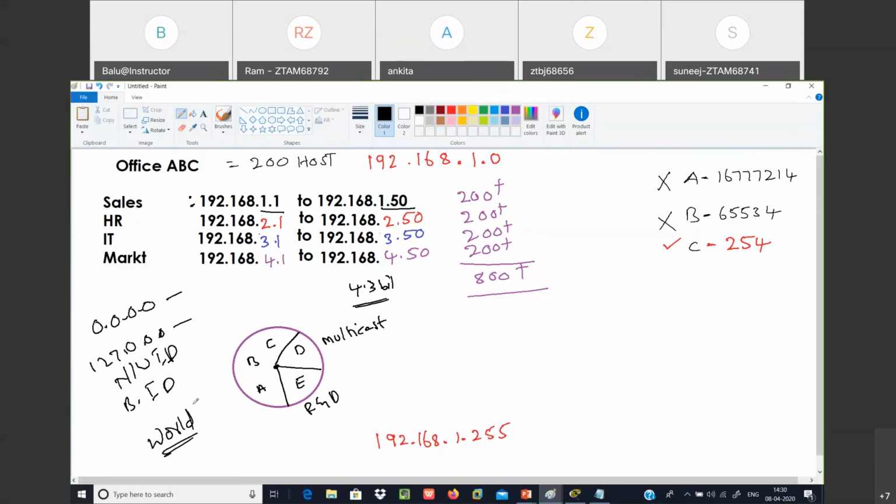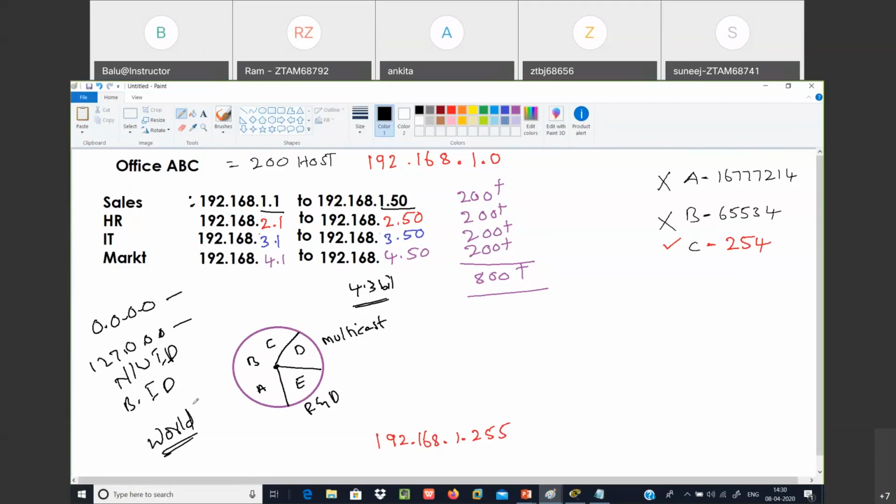Think about how many countries, how many users, how many devices are available, and how much technology is developing every day. So do you think we have sufficient IPv4 addresses? The IPv4 range is 4.3 billion. From 4.3 billion, class E and class D are both reserved.